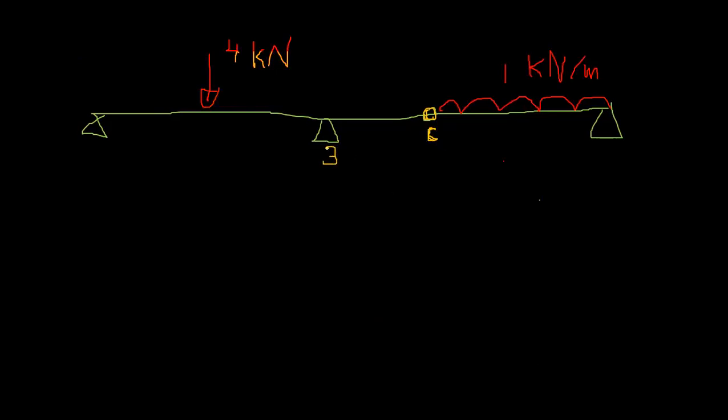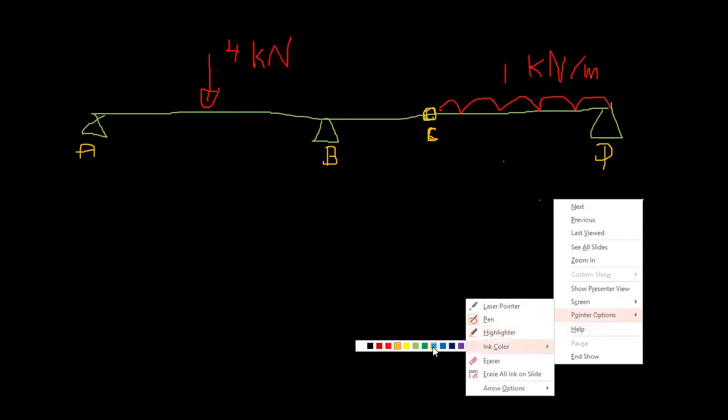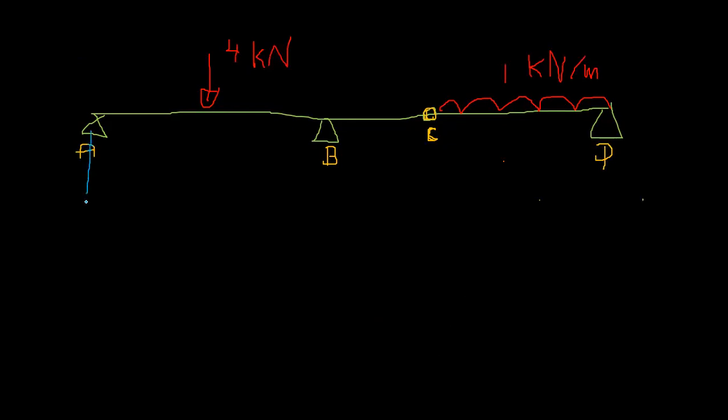Here it's B, here it is A and D, right? So the supports, 3 supports are there still, right? This is an internal hinge, okay? So you have the RA reaction, RD, right?